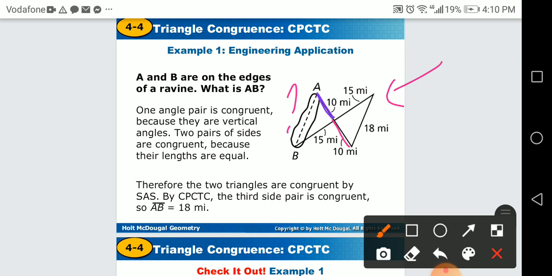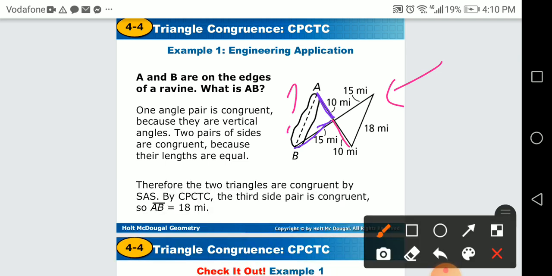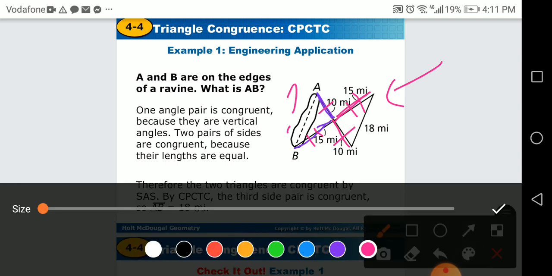You have this 15, and in the other triangle I have this also 15. So I have 10, 10, 15, 15. Two sides are equal, and one angle is equal to the other angle in the other triangle. Which one, Miss Dina? We have this angle and this angle, vertical opposite angles.